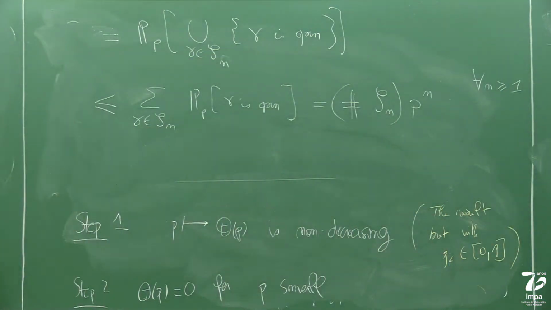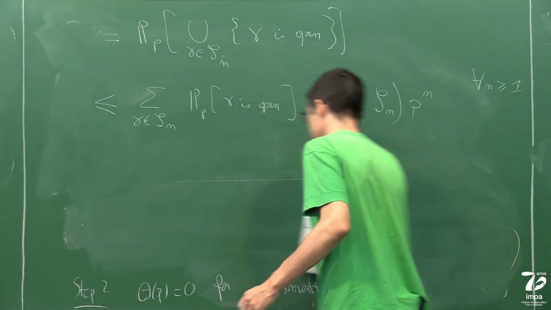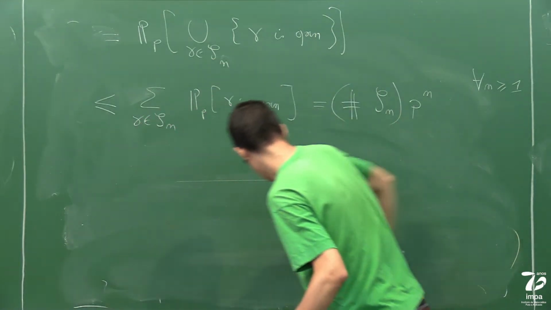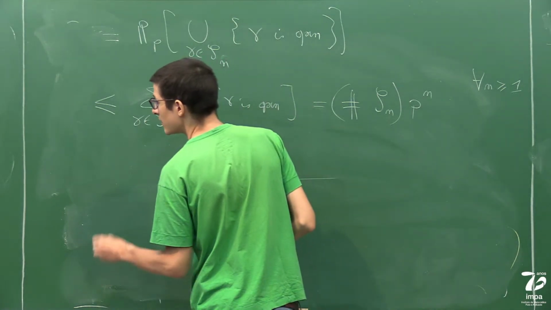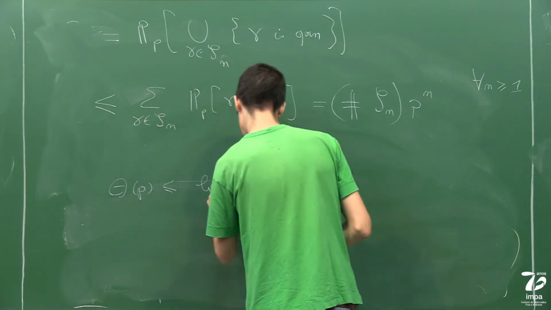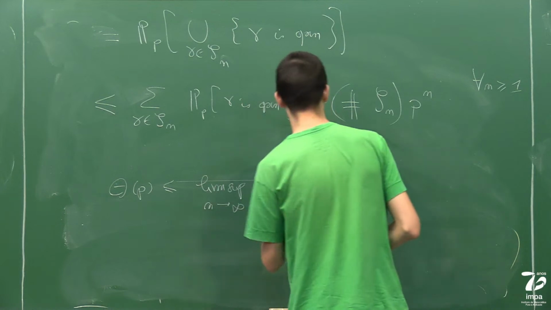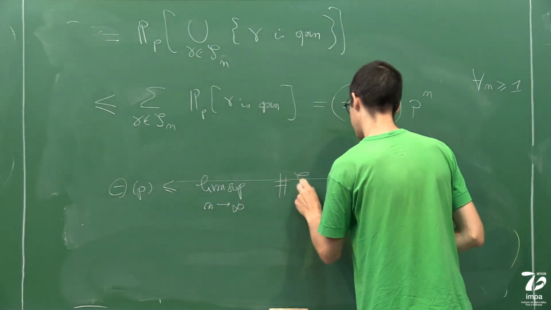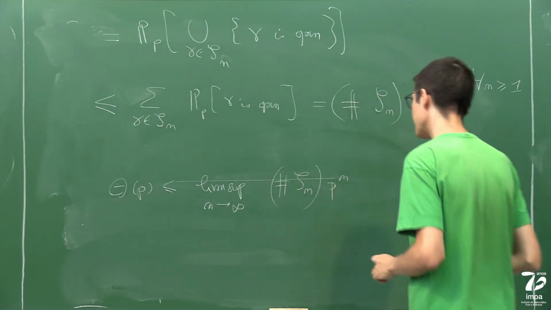Okay, so in particular, what we have is that theta p is smaller than the lim sup when n goes to infinity of |S_n| p^n.